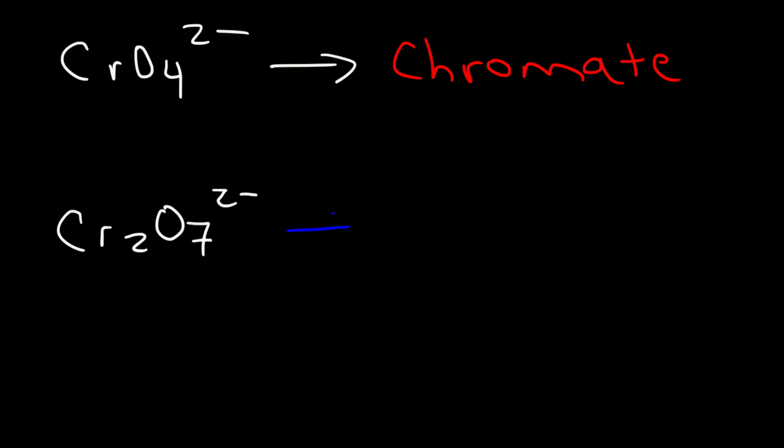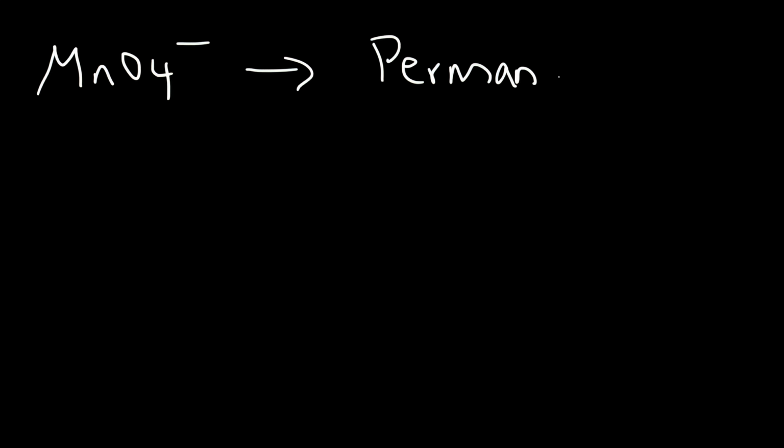Cr2O7 2- is called dichromate. There's two chromium atoms in this polyatomic ion. Now what about MnO4-? This is another common one that you need to commit to memory. This is known as permanganate. So make sure you know that one too.